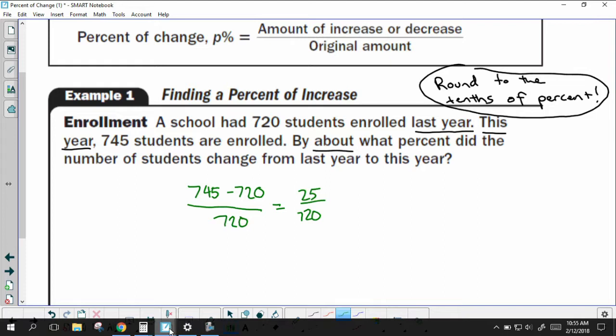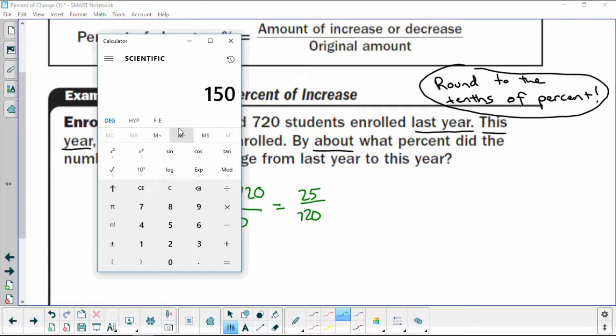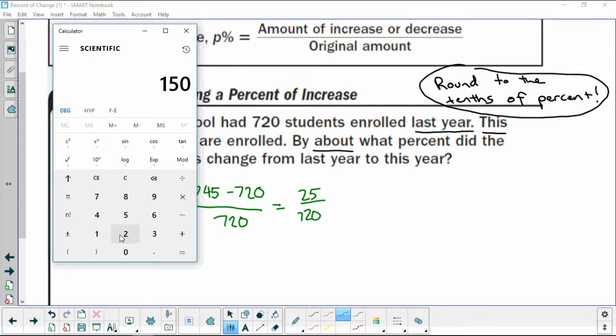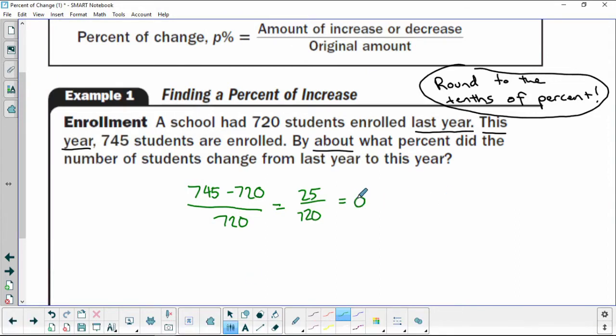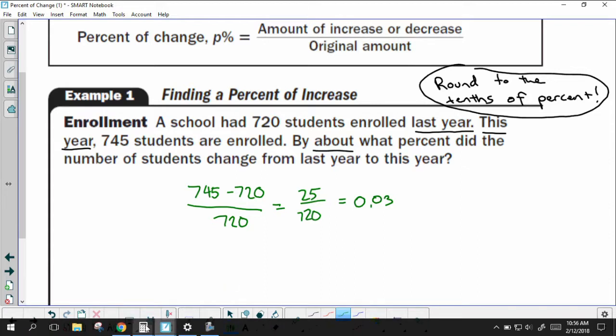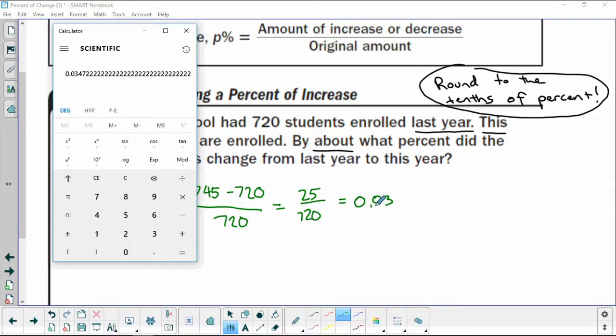I'm going to use a calculator. 25 out of 720 is 0.3472222222222. So as a decimal, 0.347, okay.